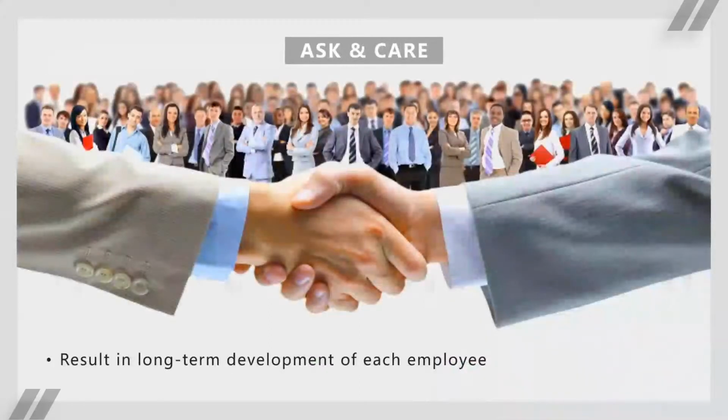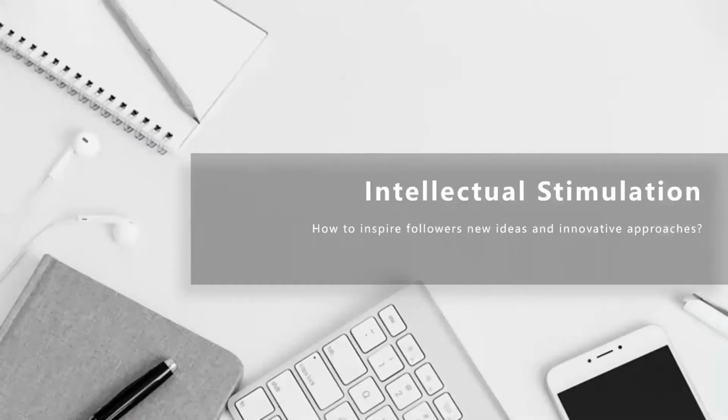In sum, a leader who gives personal attention to subordinates reflects the behavior of treating each follower as an individual and initiates an interest in the long-term development of each follower. Thus, it will provide best results and efforts to the leader by knowing how to use and put them in the best position.